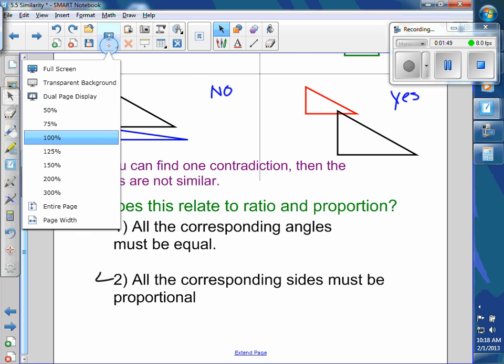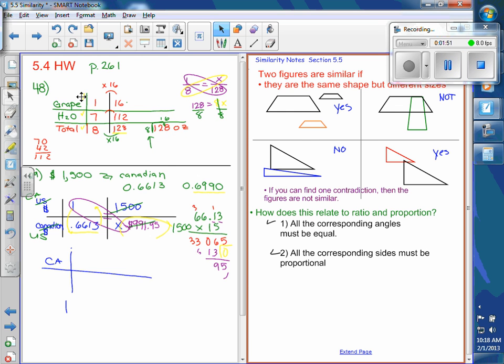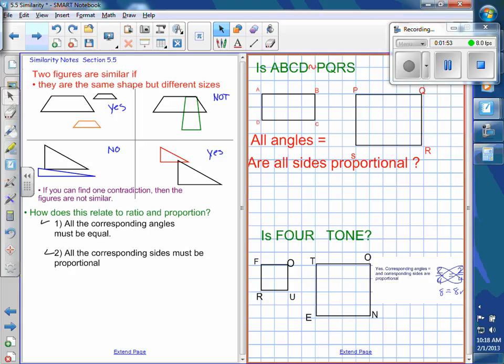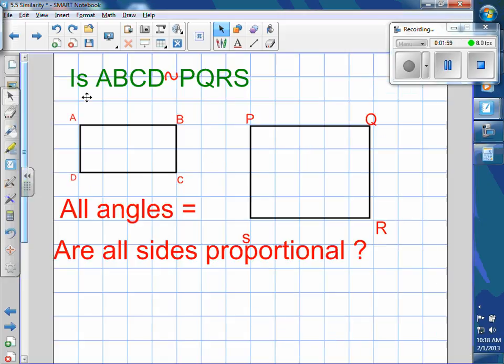So here's a couple of examples. Over here, there's some notation. This little squiggle right here, you read that as, is figure ABCD similar to figure PQRS? That means similar, that little squiggle.